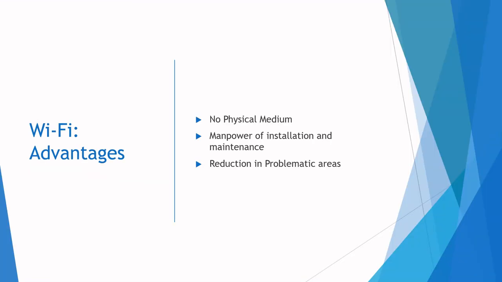The advantages of Wi-Fi is that there are no physical mediums, cutting the costs of implementing internet into a company by more than half. This also decreases the manpower required for the installation and maintenance of the network, as there are fewer network connection points and fewer cables to worry about.